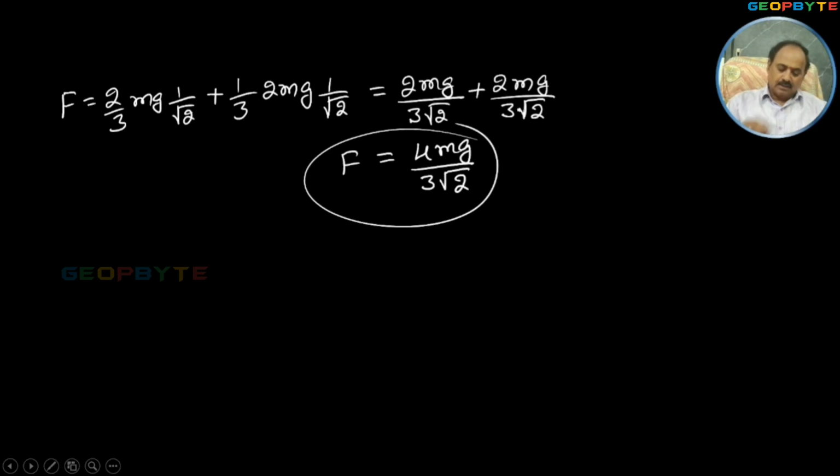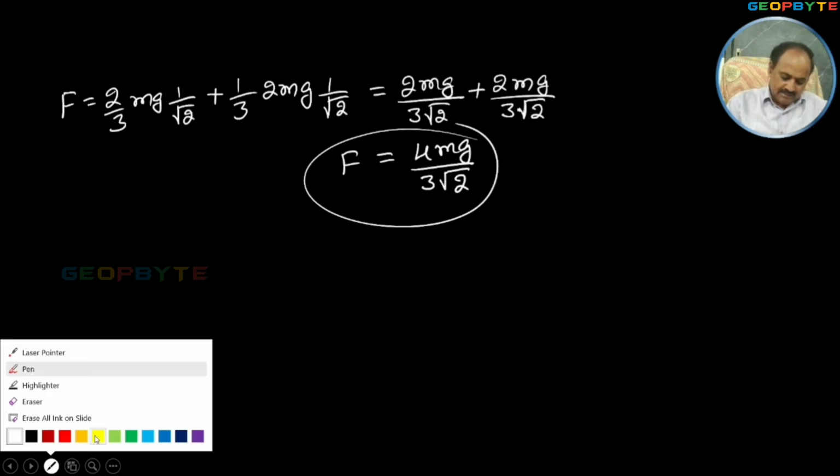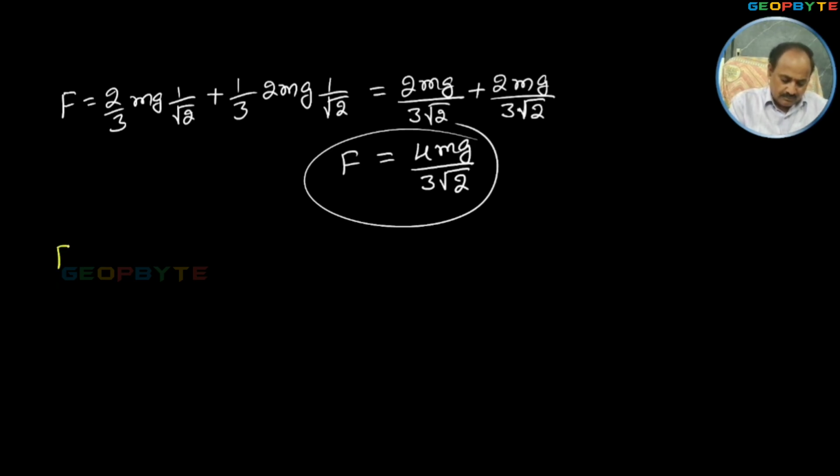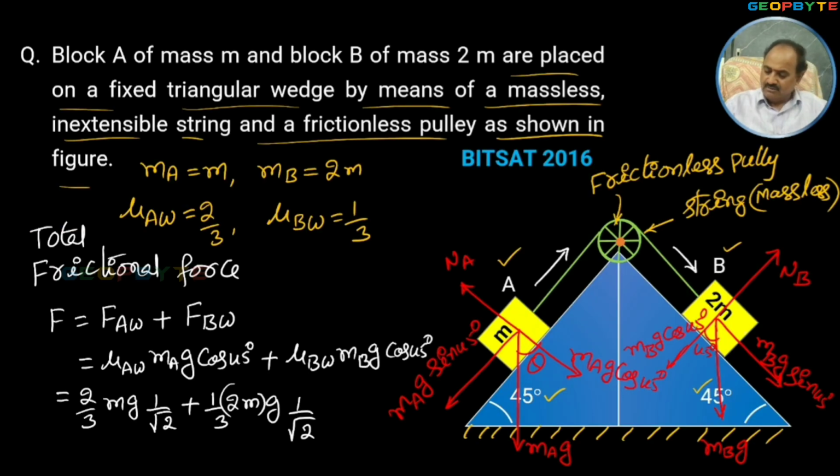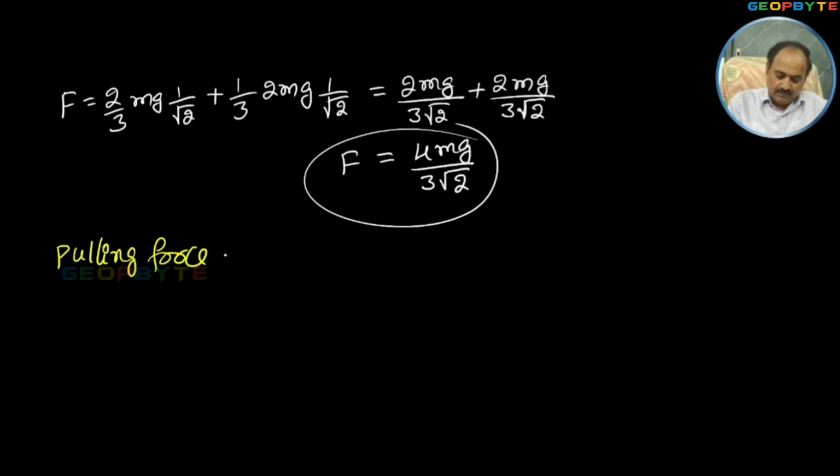Okay, now let us decide the pulling force. Pulling force developed by B on A is due to mg sin 45 degrees. Pulling force equals M_B g sin 45 degrees.